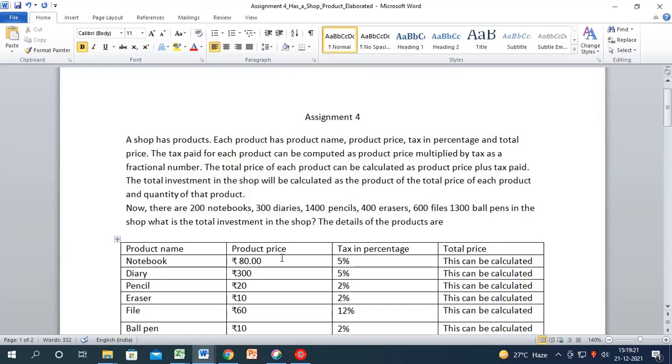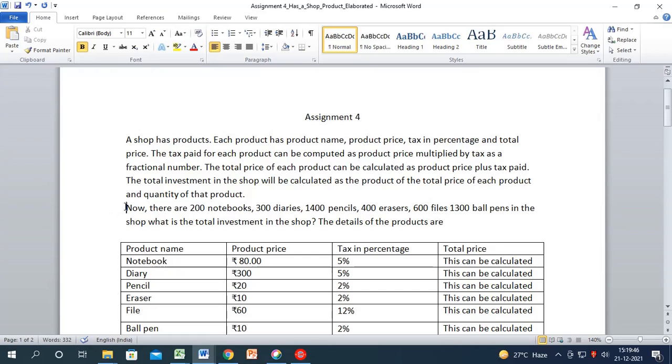So you have to consider what all nouns you find, what all verbs you find. Verbs will lead you to behavior, nouns will lead you to either class name or the attributes. You have to look at the description from that perspective. Okay, so this is about the description.